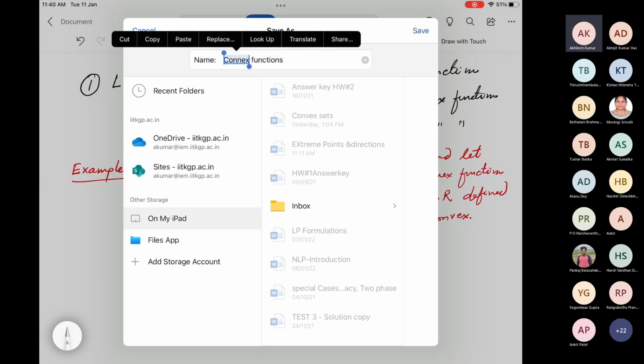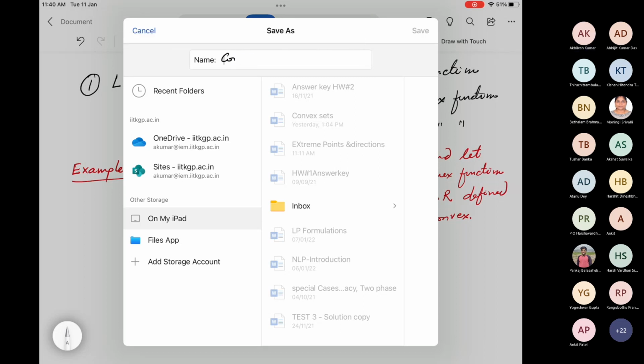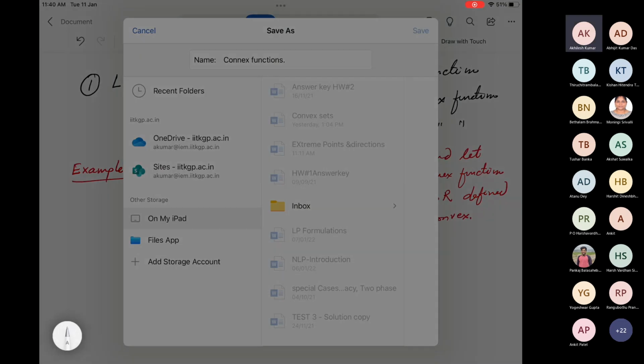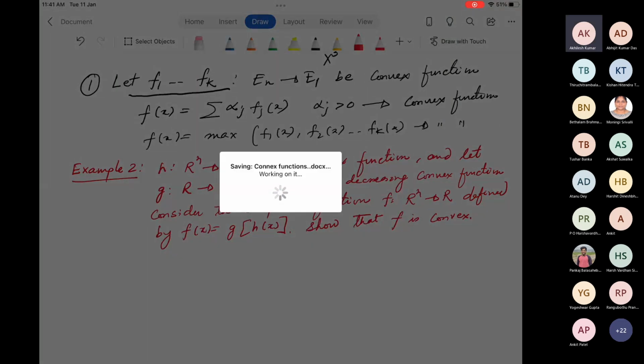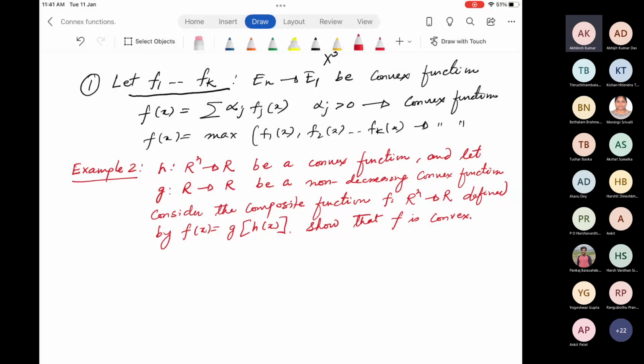I'm not uploading this one right away. I will upload it in the next class. So if you want, please note down this problem, the example which I have just written, because once I discuss this part, then I will upload this lecture.